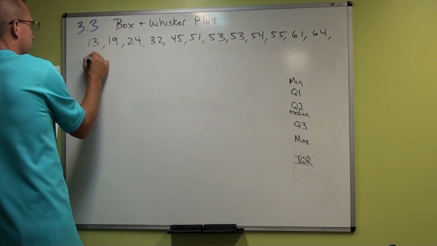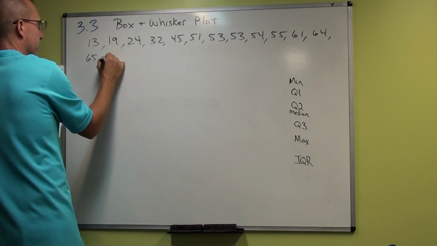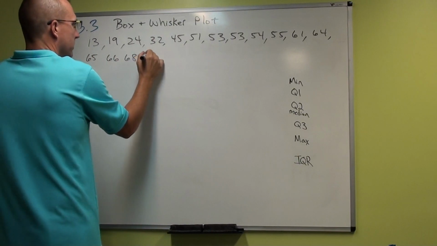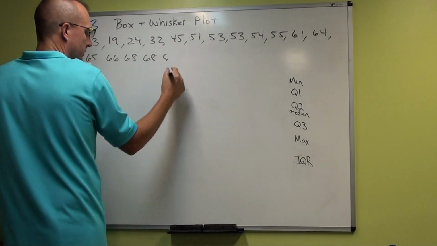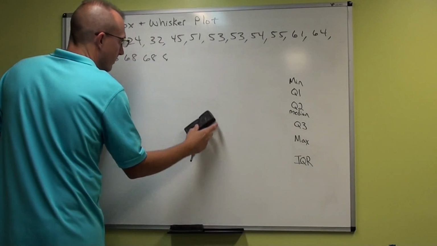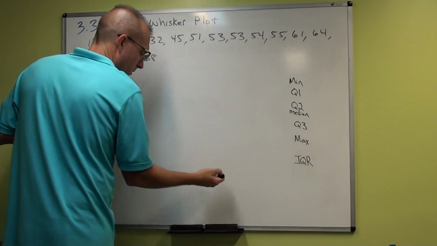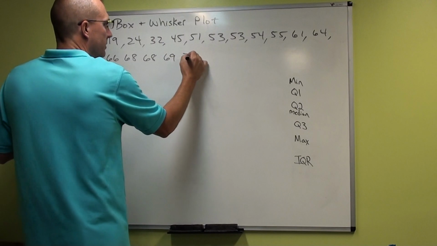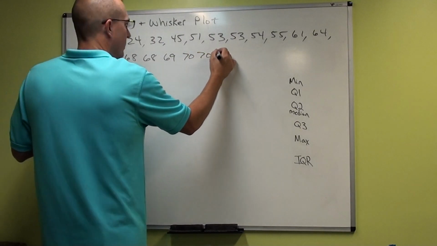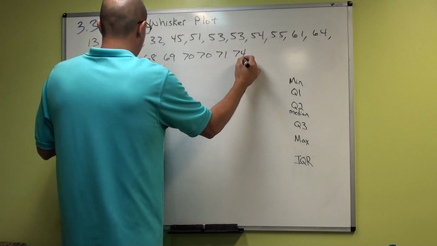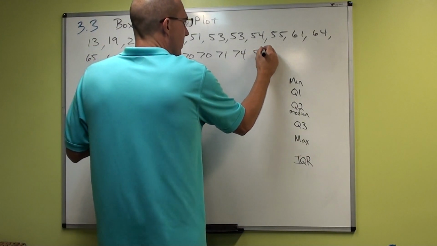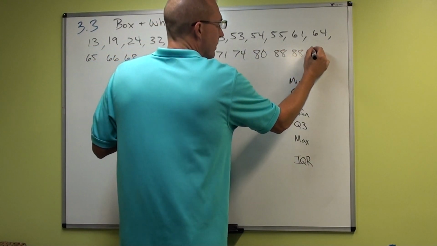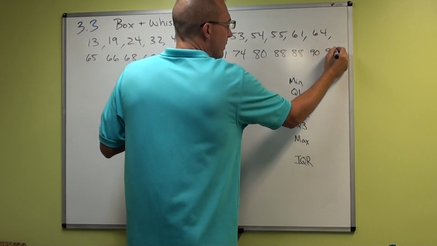Alright, then we have 65, 66, 68, 68, 69, 70, 70, 71, 74, 80, 88, 88, 90, 94.